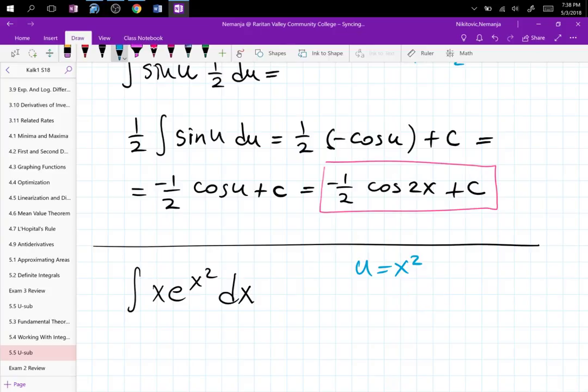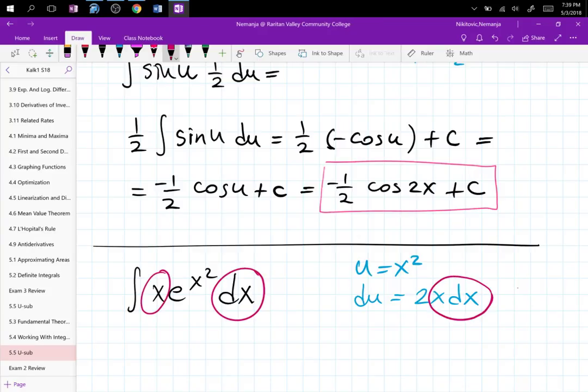Well, let's deal with the fallout, right? If you do that, what happens with the rest of the stuff? So du is equal to 2x dx. And now this is the hard part to see. You really need to pay attention right here. Observe that x dx exists right there.